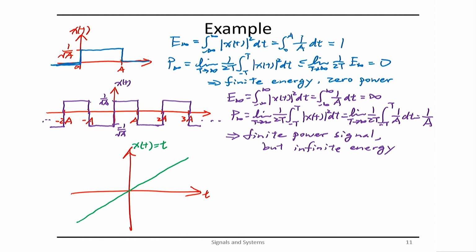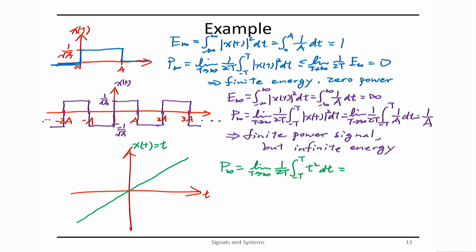So again, let's try to start by computing the average power. Okay? So by definition, this is just the limit of capital T going to infinity of 1 over 2T, integral from minus T to T of t squared dt.